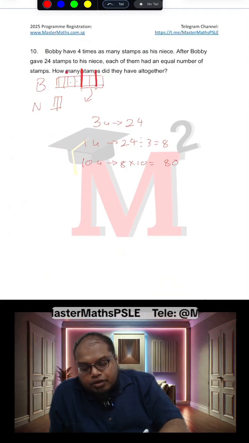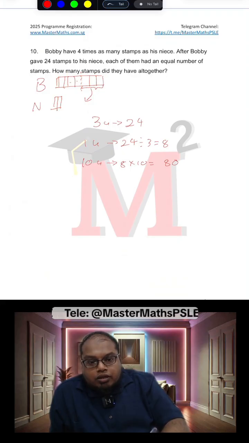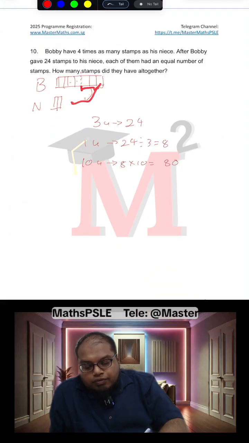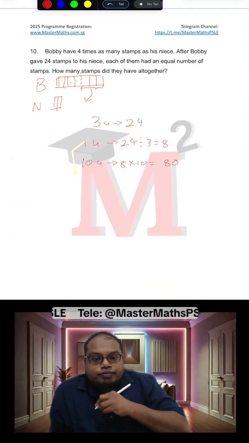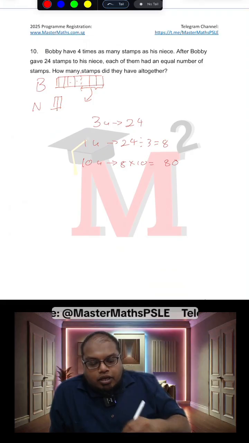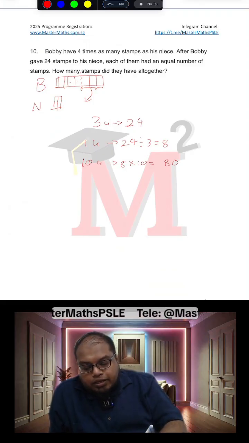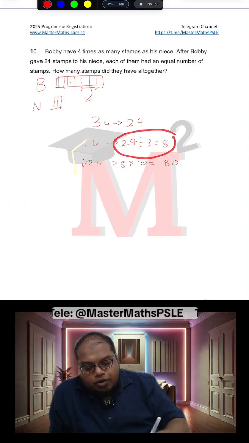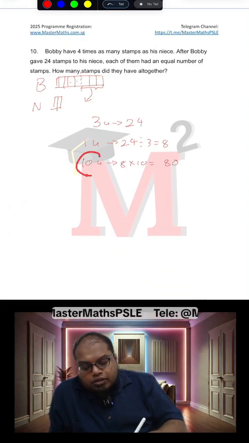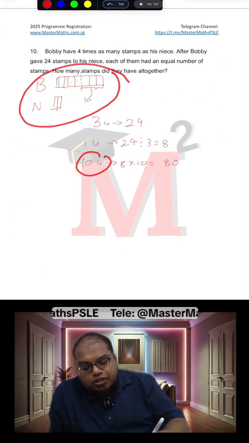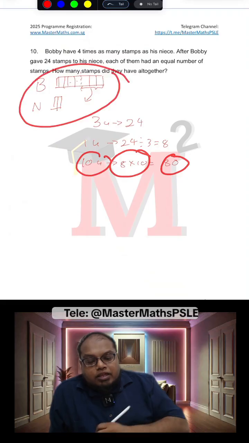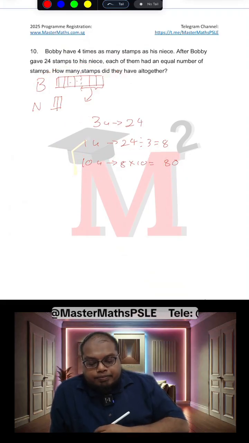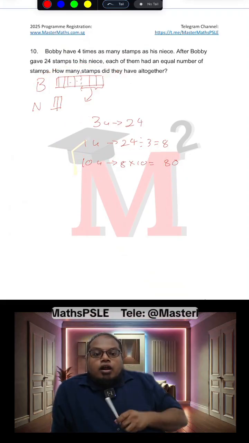When I cut half here, I cut half here, here, and here also. Then these 3 I gave to Nora. So that's why 3 units is 24. 1 unit is 24 divided by 3. 10 units is the whole thing, which is 8 times 10, 80 stamps.